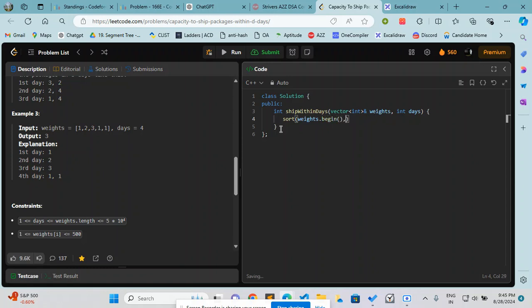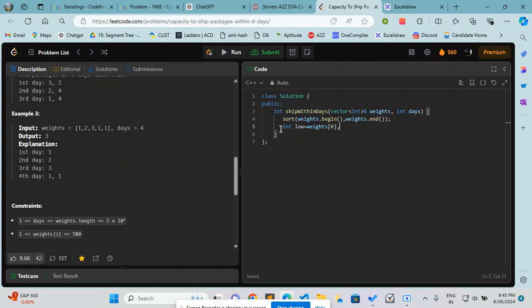For binary search we have to take low, which will be the lowest weight that it can supply.